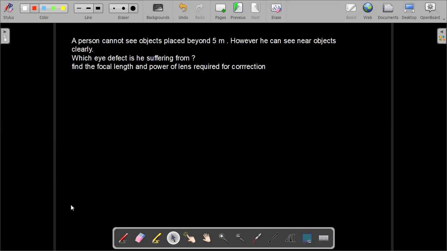So try to do this question. I'm giving you 2 minutes to think, and then I will solve this. Think of this question.